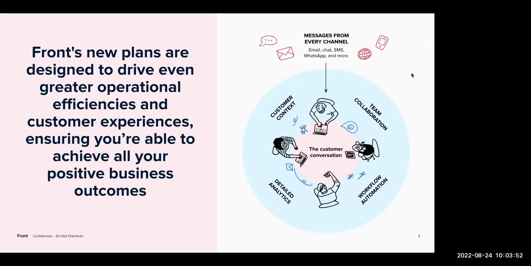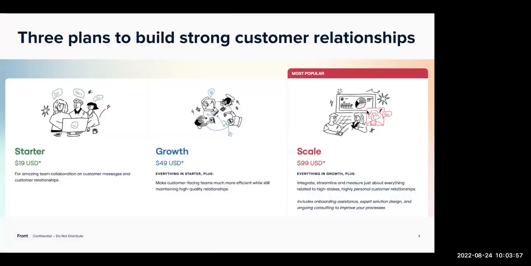But basically, what many of you have probably seen is that we have created 3 different plans. So for most of you, you're probably on a plan that is called Pro. And this plan is one of our deprecated versions. Many of you who have been customers for many years are probably on one of the deprecated versions of Front.